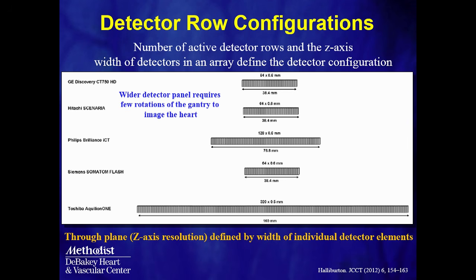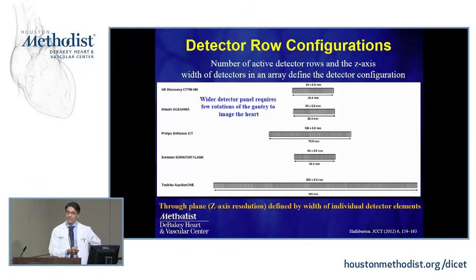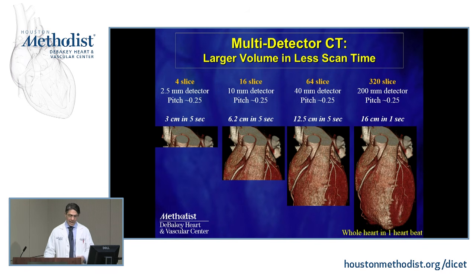Because you're seeing the entire heart. All these other scanners, because they have a smaller distance that they can image, may have to revolve around the patient 1 or 2 extra heartbeats to get all the data they need. So this is, again, just a slide showing you that different vendors have different setup configurations. And it becomes important for something like this. If you have a 4-slice scanner, it's going to take several pictures for you to get the heart.